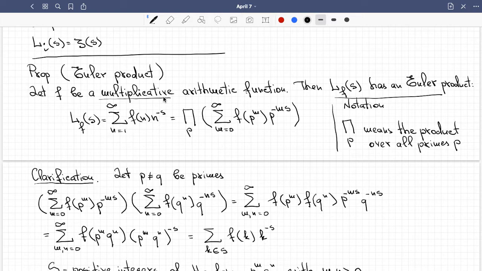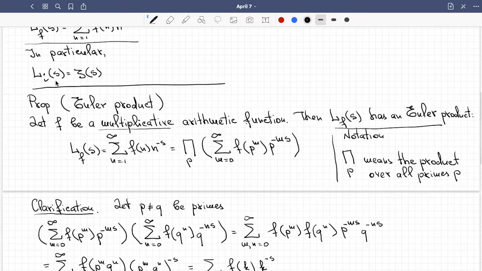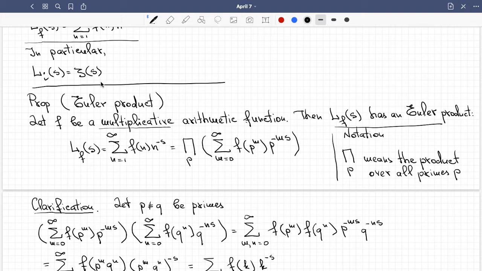A natural question would be whether we can produce something interesting when we take for f another multiplicative function, not necessarily 1, with which we produced Riemann's zeta function.